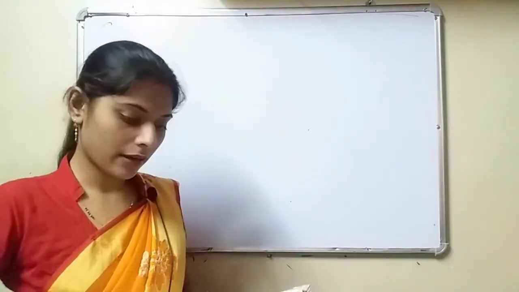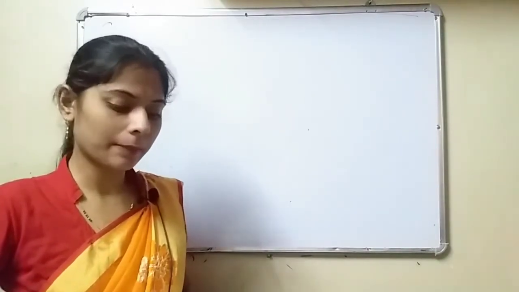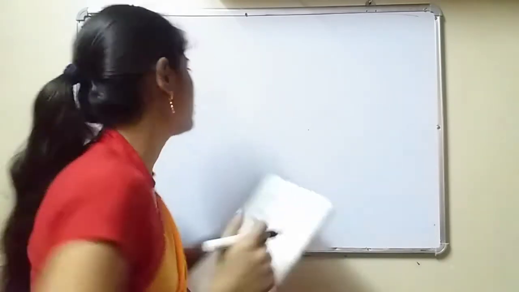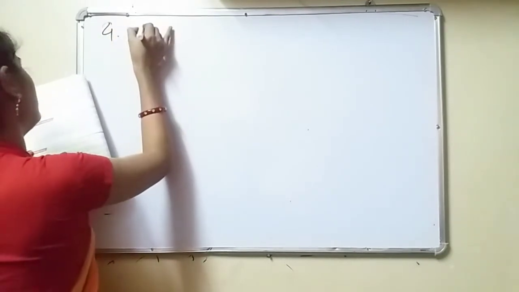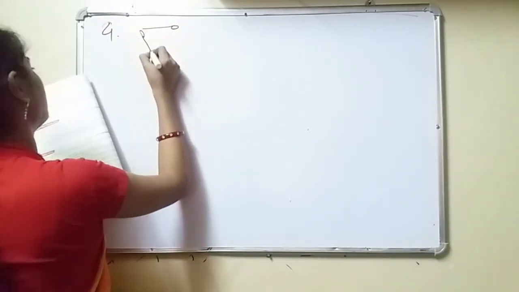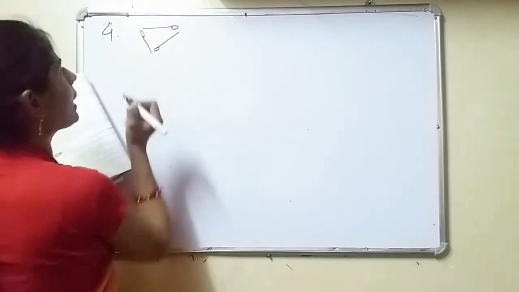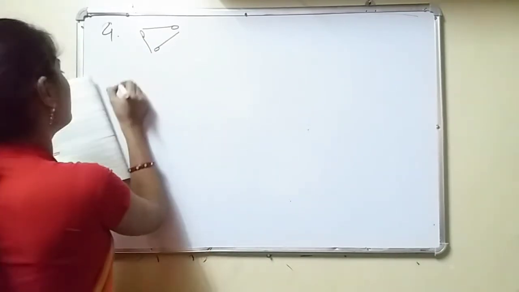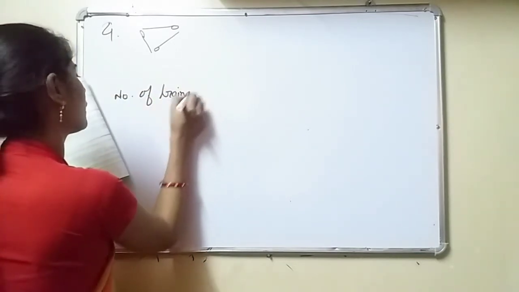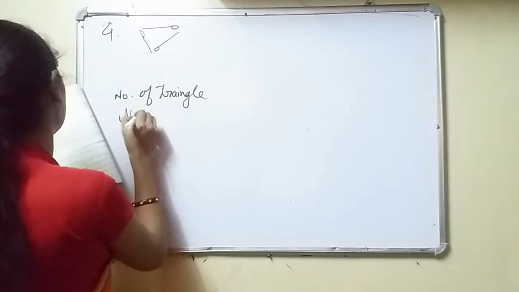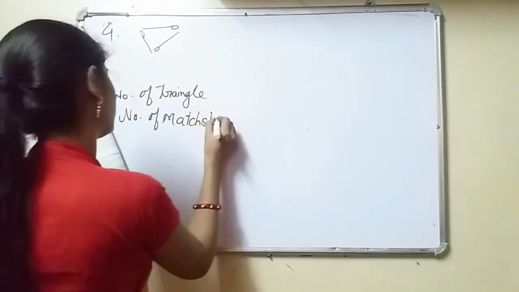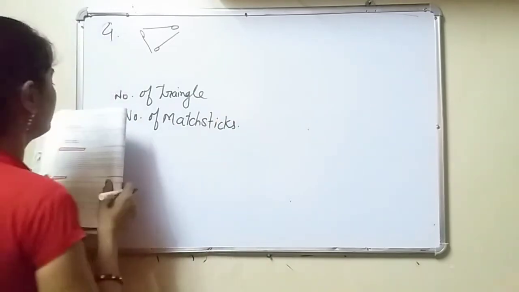Observe the pattern of triangles made with matchsticks and then complete the table that follows. Okay, now see, in question number 4, they have made a triangle with matchsticks. Then number of triangles and number of matchsticks.